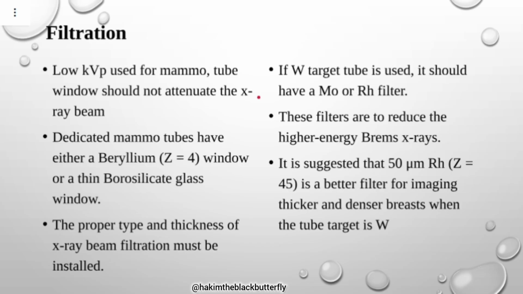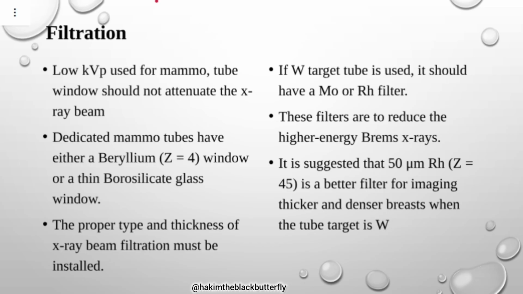So mammography tubes are designed in such a way that the inherent filtration is almost eliminated. That means the materials used to design mammo tubes are somewhat different from those used for conventional tubes. Dedicated mammo tubes have either a beryllium window, which is about 4 in terms of atomic number, or a thin borosilicate glass window.